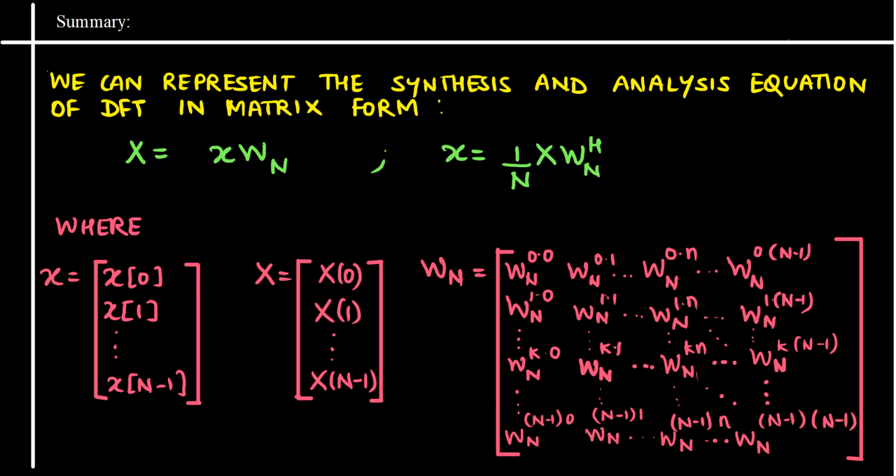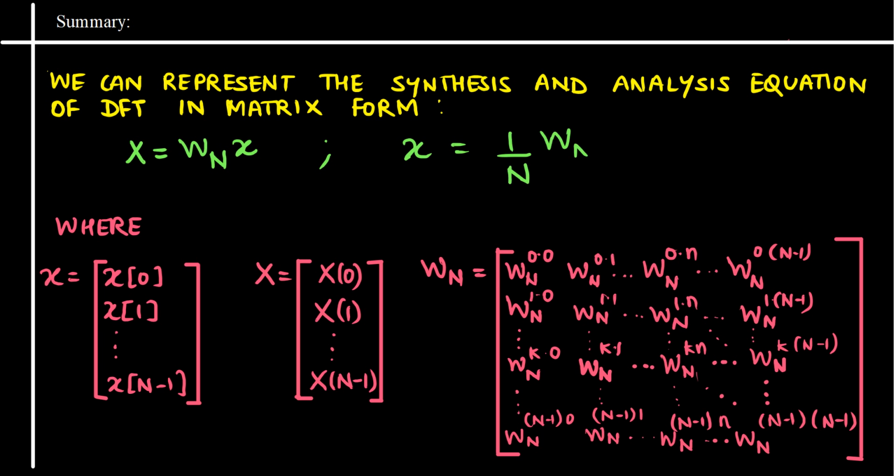So this capital X can be represented as Wn into small x, whereas this x can be represented as 1 by n, then Wn Hermitian multiplied by capital X.